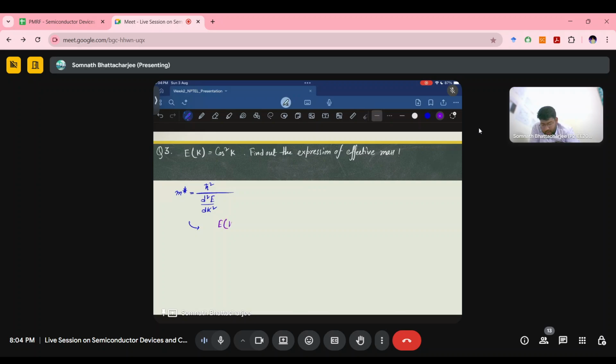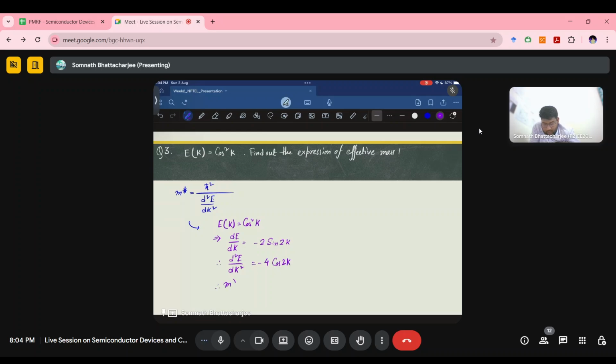So we know the value of E(k) is cos square k. From that we can derive the value of dE by dk, that is minus 2 sine 2k, and from that we can write d2E by dk square as minus 4 cos of 2k.